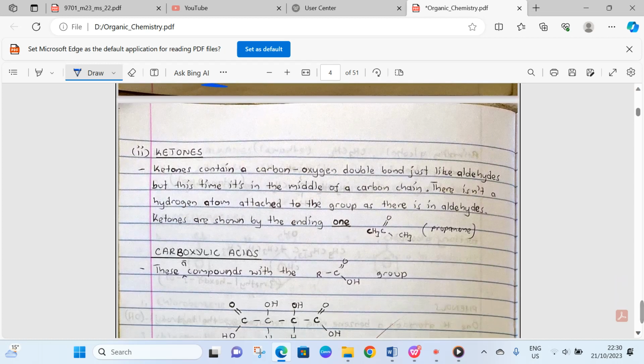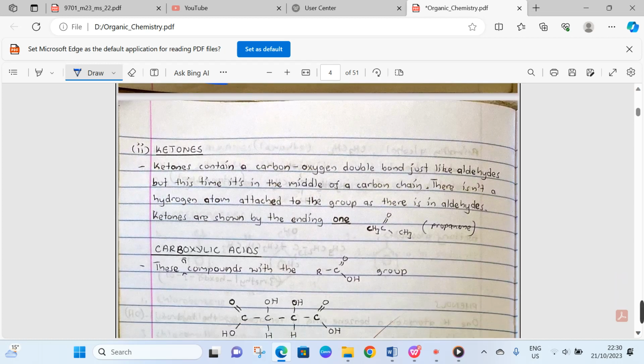Now let's move on to ketones. A ketone is a carbonyl compound as well, like this. But this, it has two other groups. And the other group is in no way a hydrogen atom. Ketones contain a carbon-oxygen double bond, just like aldehydes, but this time in the middle of a carbon chain.